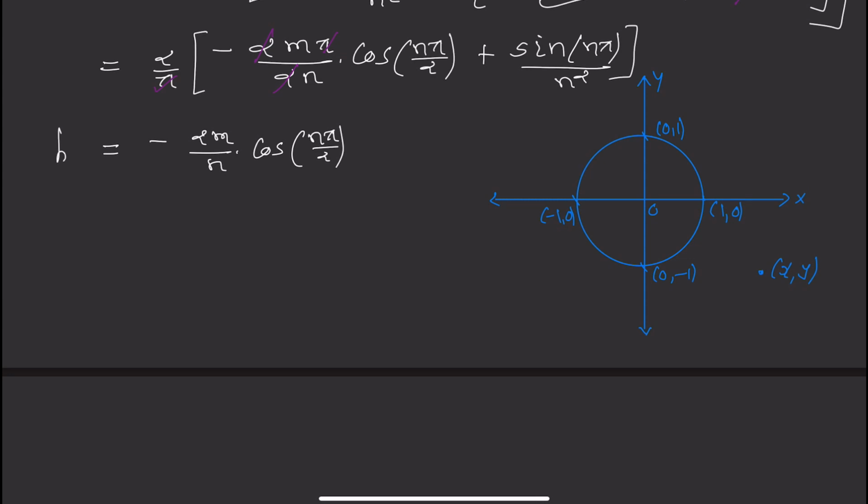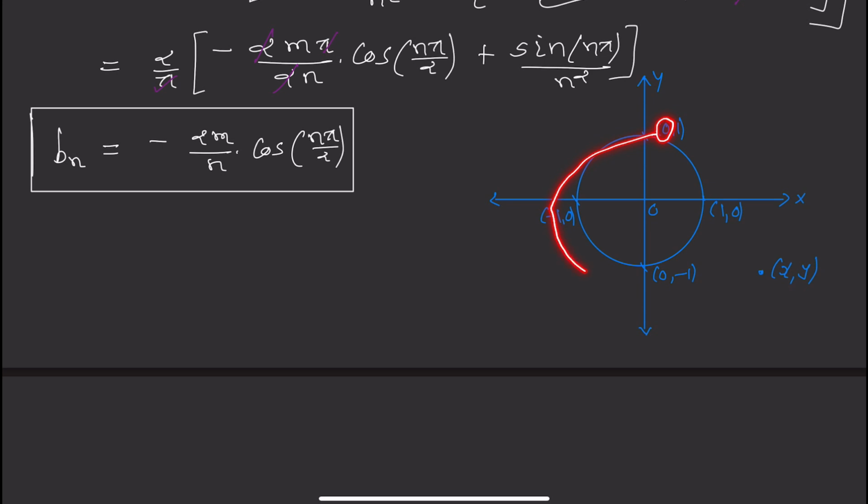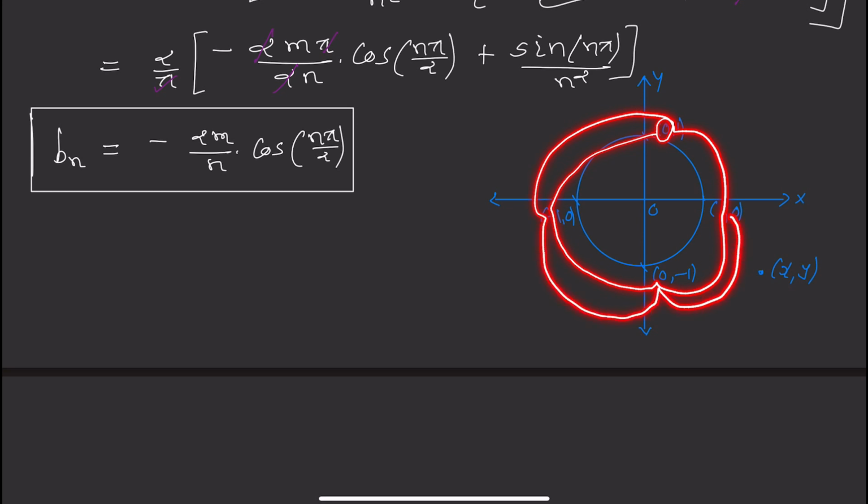Now if you want to see do we have any particular value for cos n pi by 2, right, then which are the values of cos n pi by 2? So when n is equal to 1, then this is 0, then minus 1, then 0, then 1, again 0, again minus 1, 0, 1, right?